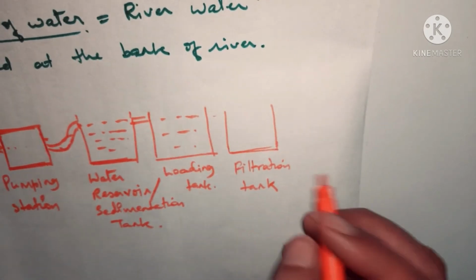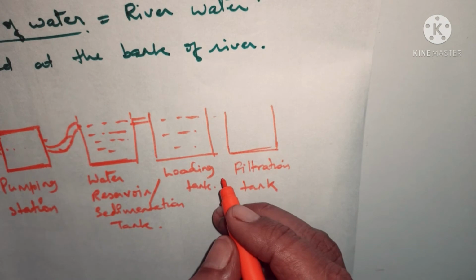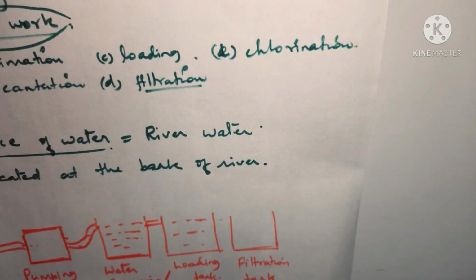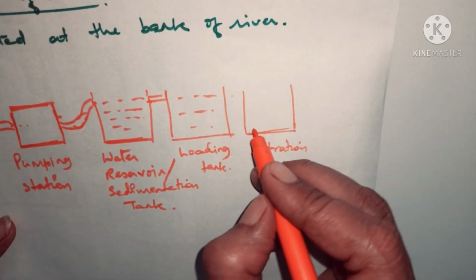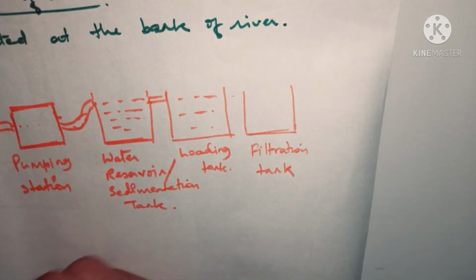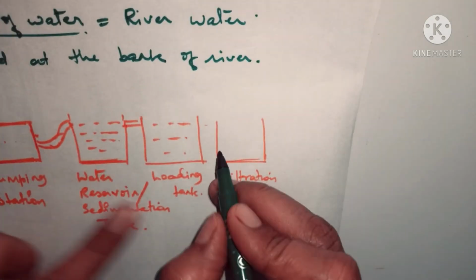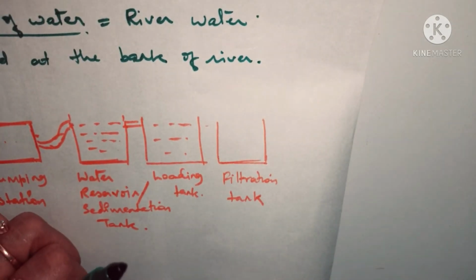In the filtration tank you have fine sand, then coarse sand, and gravels. In this case you have 3 layers.